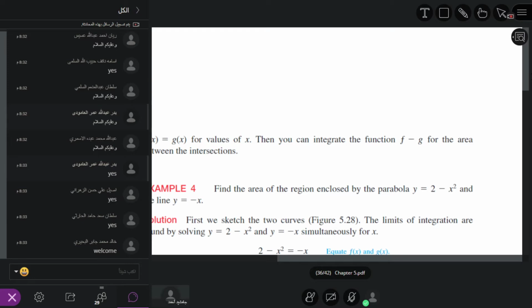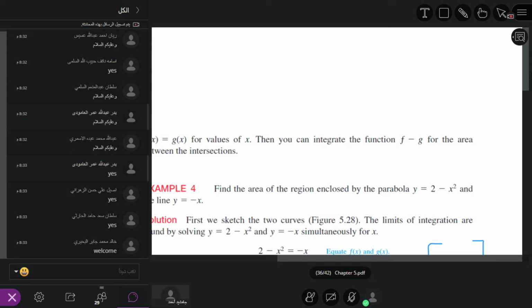Now on this interval from minus 1 to 2, we find out the values of the functions and we make the table between the values of these. Here I make the table. Here it is 2 minus x square, and here I put minus x.